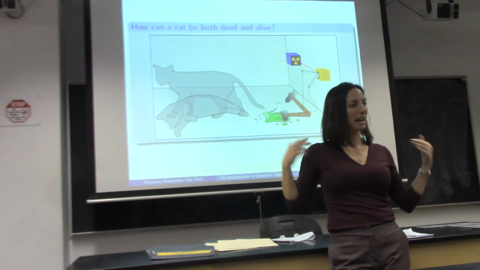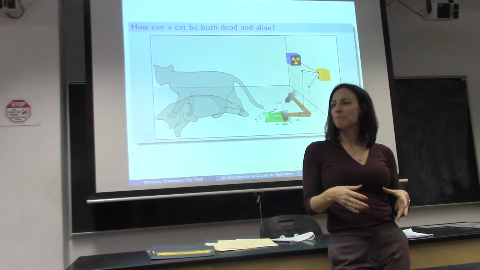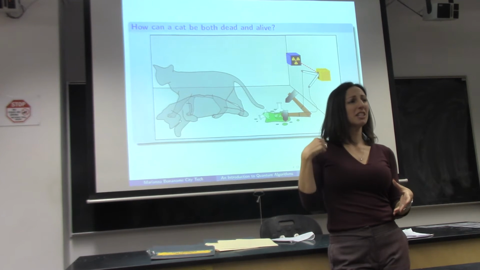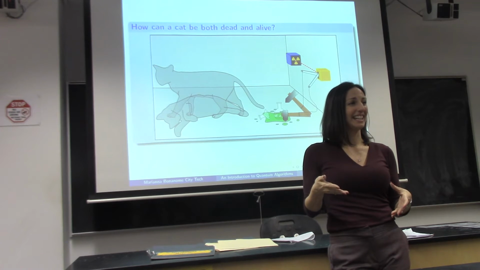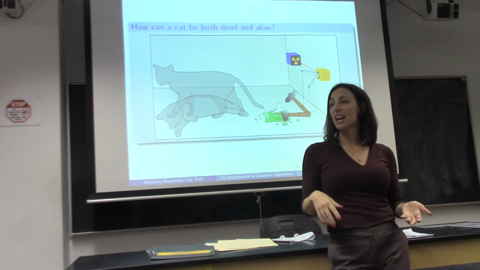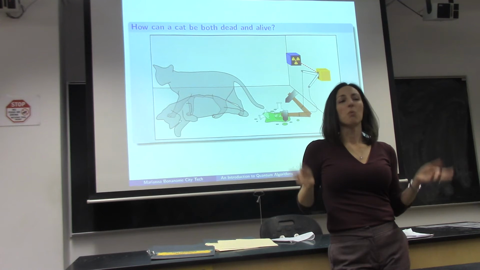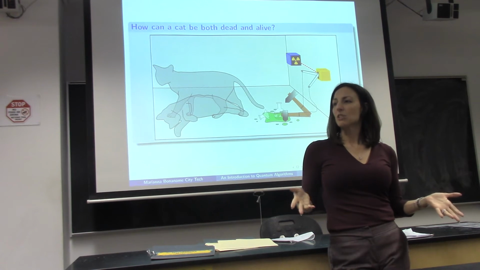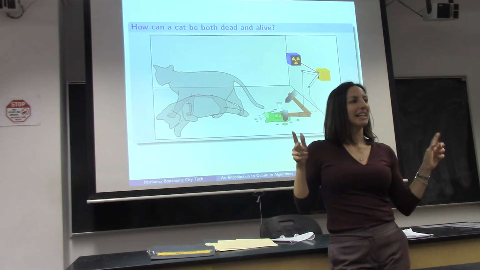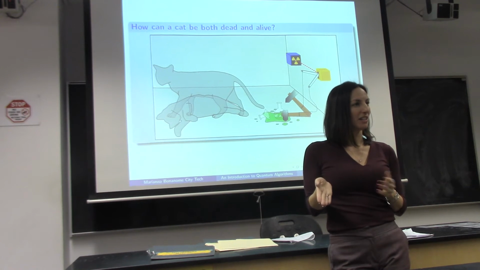So we have an observer outside, and the cat in the box. According to the observer on the outside, the cat exists in this weird state that's neither dead nor alive. We don't know. When we observe the cat, it's going to be either dead or alive. So the wave function of the cat collapses to be dead or alive.